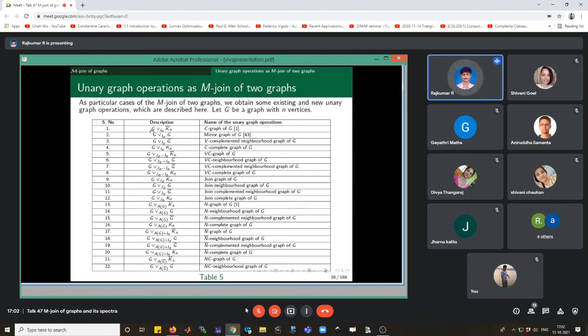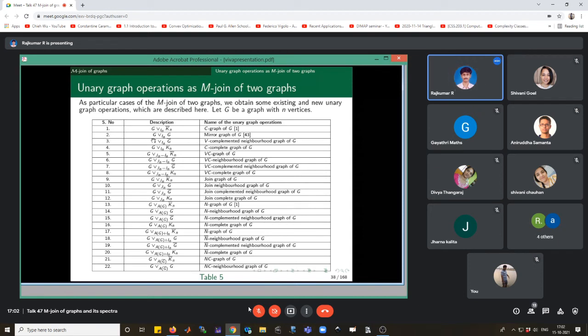Take a graph G and take a graph H to be a totally disconnected graph, with the joining matrix being the identity matrix. That is, join each vertex of G to the corresponding isolated vertex. That graph is known as the C graph of G, which is already defined in the literature.